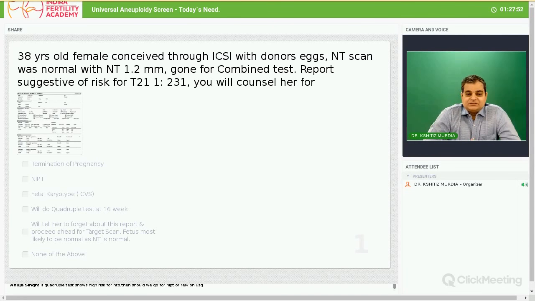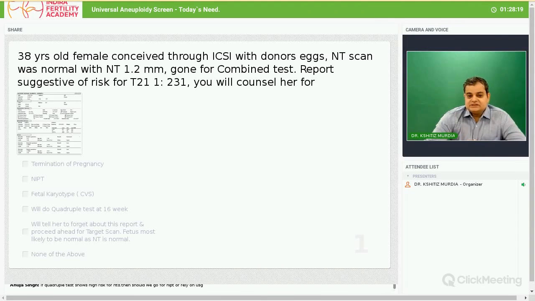So in this case, since she has gone with a donor egg, the age at term is still 39, which is her age. The age of the donor was not considered in this test while evaluating the risk for the trisomies. That's why it has falsely been increased.